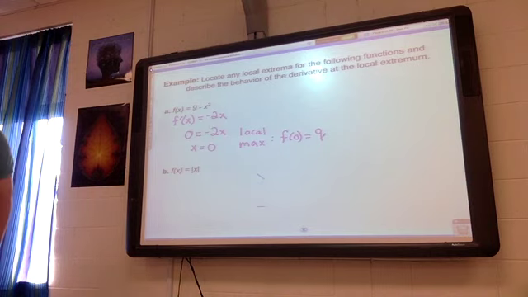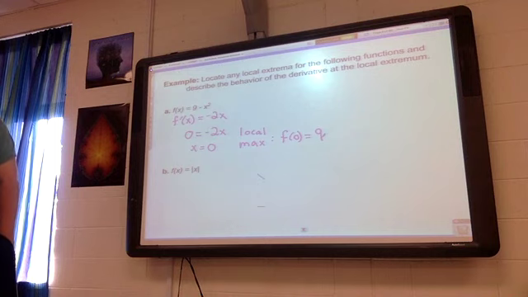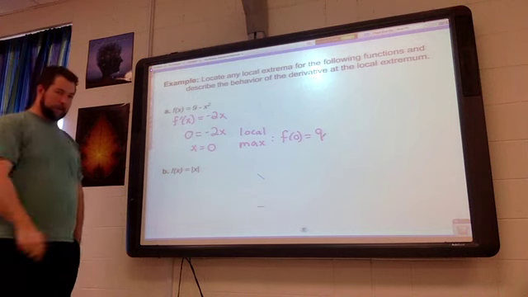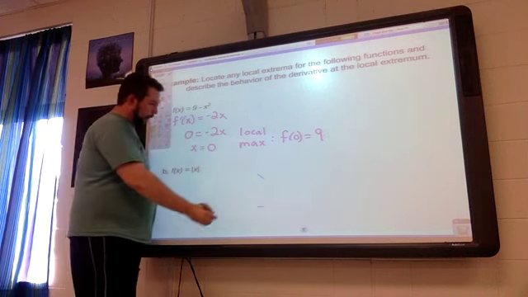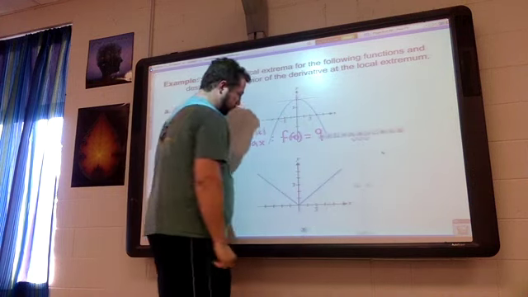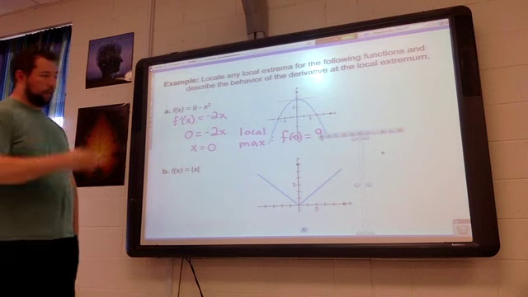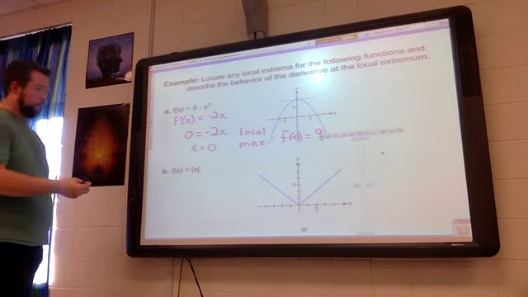All right, now let's look at this absolute value. Well, let's think about the derivative. I don't think we ever learned how to find the derivative of absolute value. But we know what it looks like, yes? Even without seeing the graph, we know that it looks like a V, and the bottom of the V is at 0.